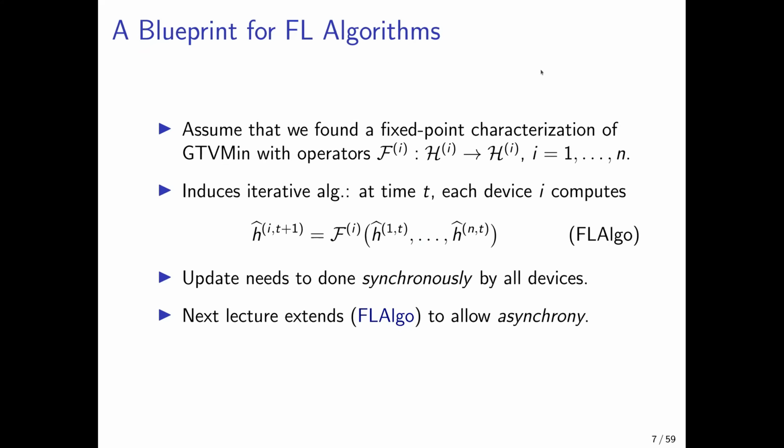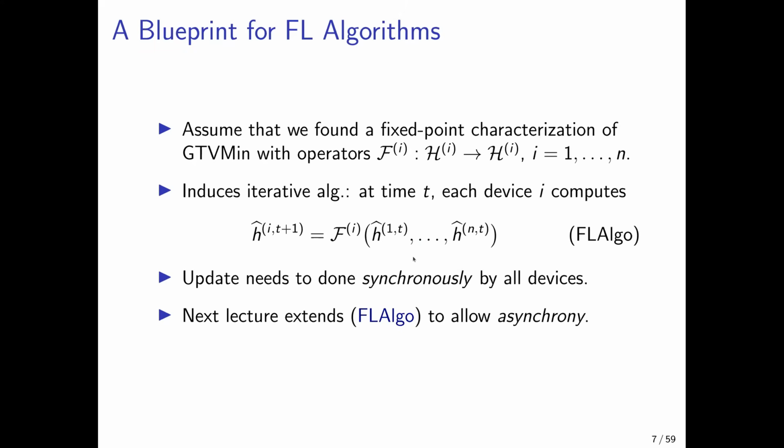So at time t, imagine that we have given these current hypotheses h_1 to h_n at time t, and then simultaneously at each device i, we can compute this.